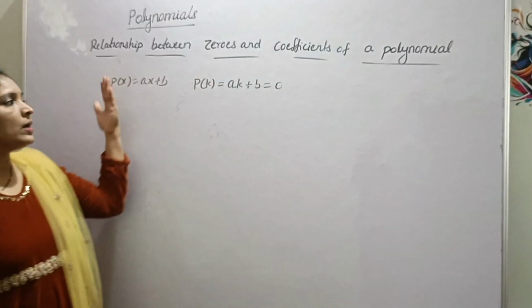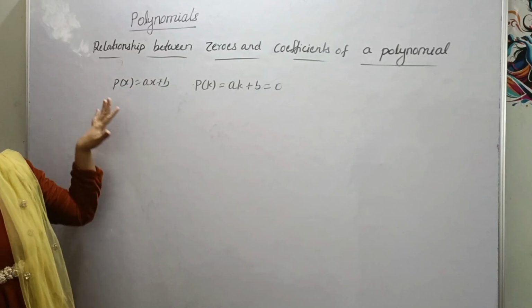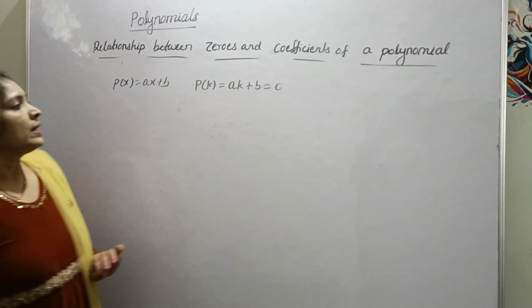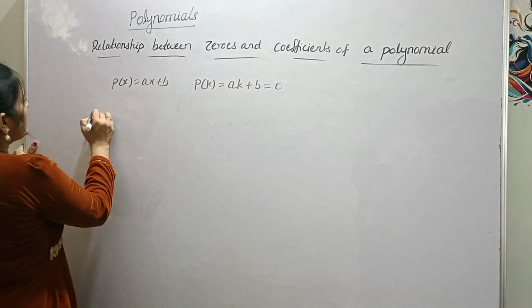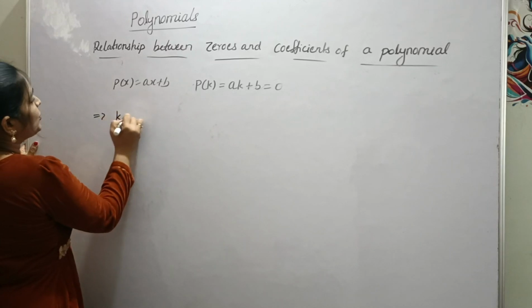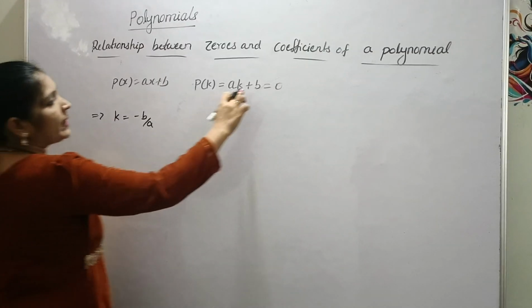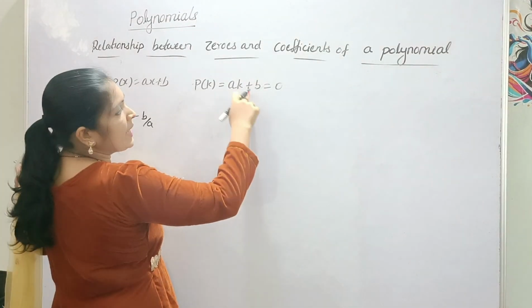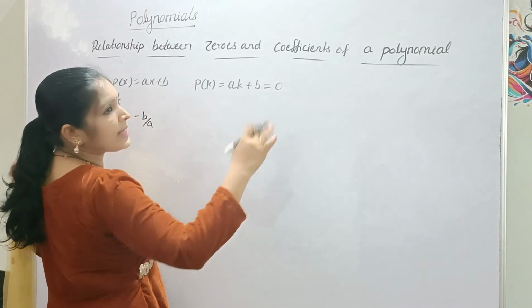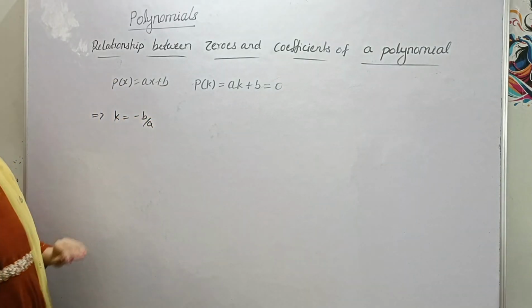Why 0? Because k is a 0 of this polynomial. Okay. Then we can write, take this b here. So we will get ak is equal to minus b. That implies k is equal to minus b by a.